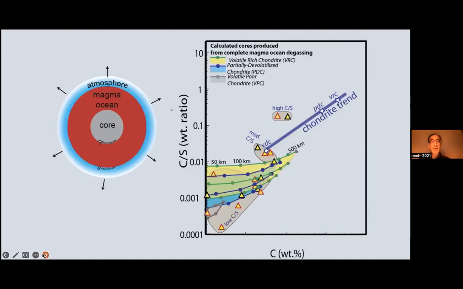The low carbon sulfur group can only be reproduced in this environment if we allow comprehensive degassing of the body. If the body becomes completely molten with a magma ocean, and everything that forms in its atmosphere is then lost to space. And the effectiveness depends on the size of the body, meaning its gravity.